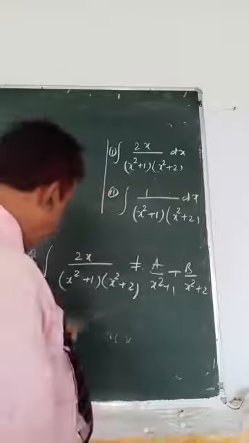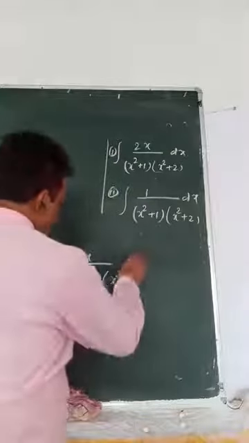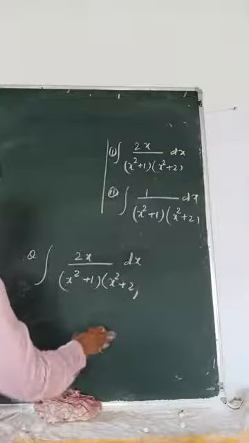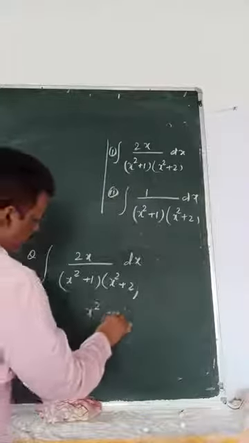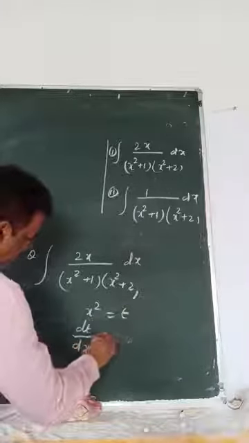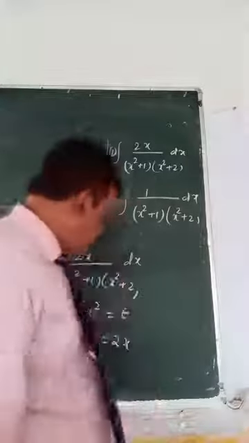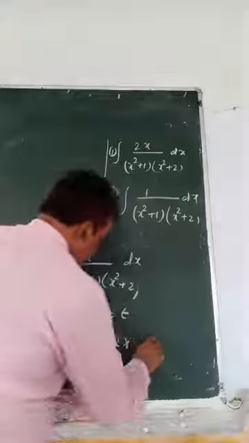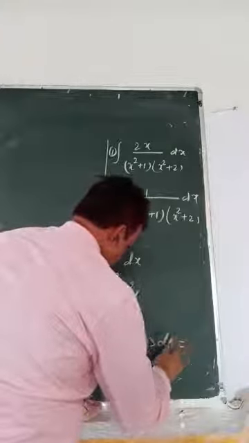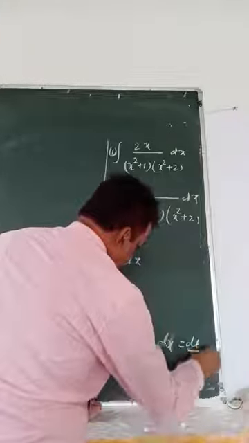So then what I have to do here is go to the substitution method. I will take x square equals t, dt by dx equals 2x, so dt equals 2x dx, then dx equals dt by 2x.